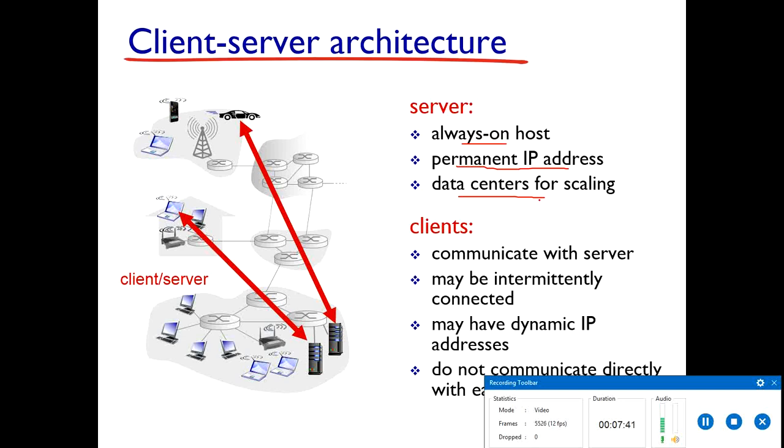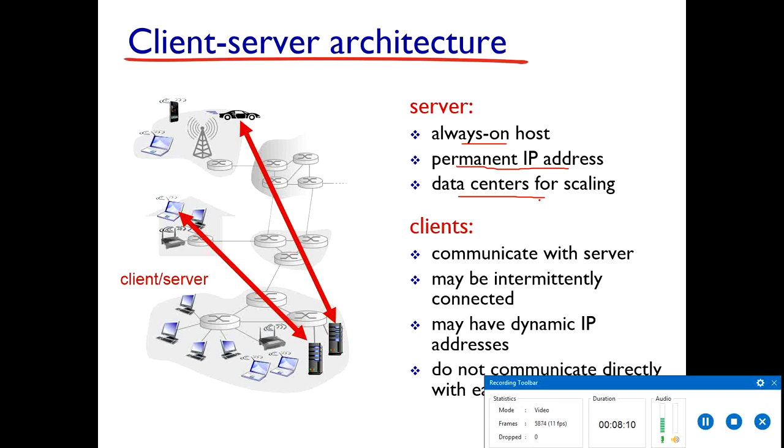For example, in a web application, if you are running two browsers, one is Chrome and the other one is Mozilla Firefox, the two browsers will not directly communicate with each other. Another point to note about client-server architecture is that the server has a fixed, well-known address, which is called the IP address.